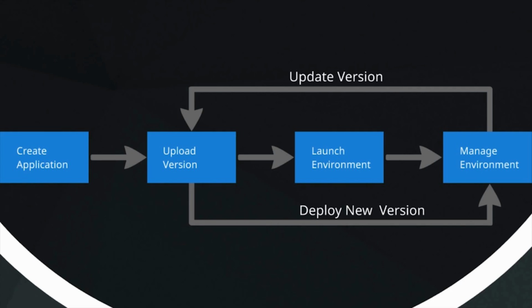From there, we will have our environment launched and our code will be running on that environment. Now, if we find that we need to deploy a new version of that code, we can deploy that to that existing environment or we can create a whole new environment. It doesn't really matter. If we deployed it to our existing environment, then when that environment has gone through that update process and the new version is deployed and running, the environment will feed back to the application to notify that the new version of your application is actually running.